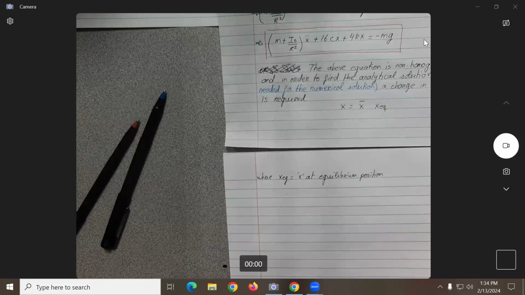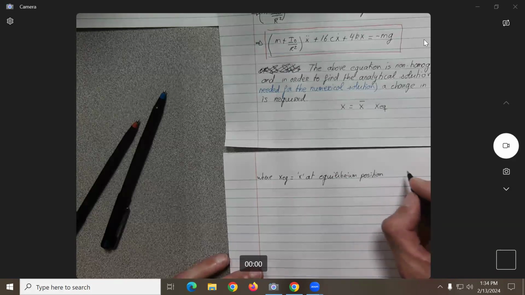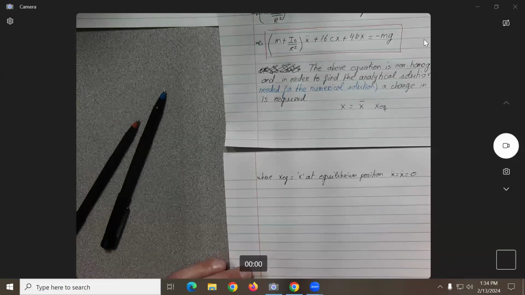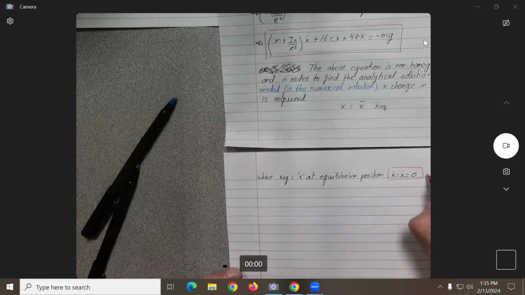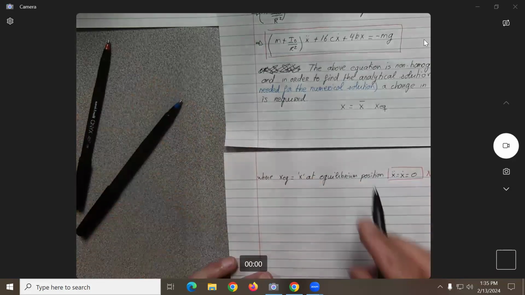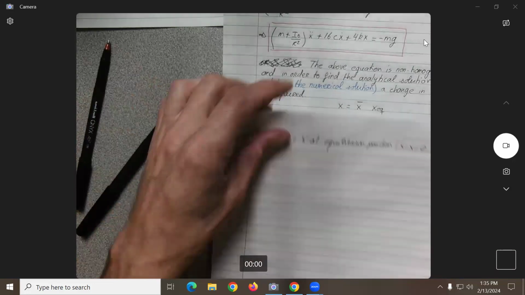So what's going to happen at equilibrium? At equilibrium, there is no motion, no? Let me put it here. There's another way to do it, but I think this is the easiest way. No motion. So what does that mean about the equation of motion?